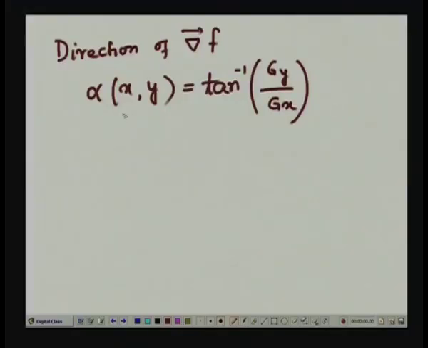Now, this alpha(x,y) tells us what is the direction of the gradient vector f, but actually the edge direction is perpendicular to the direction of the gradient vector f.